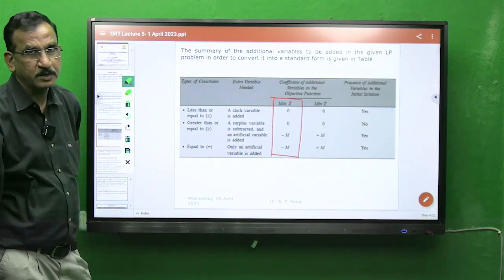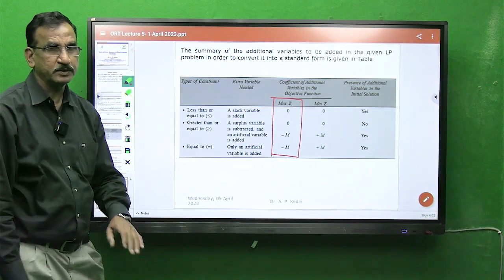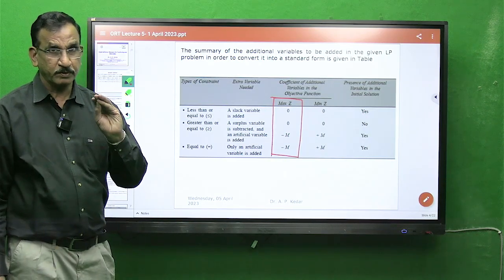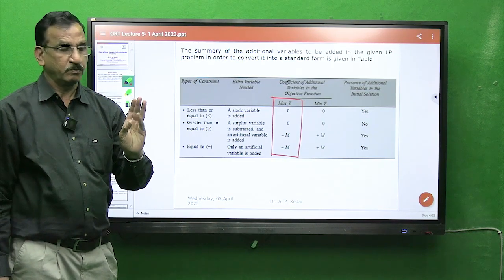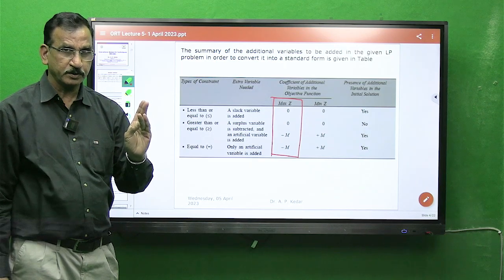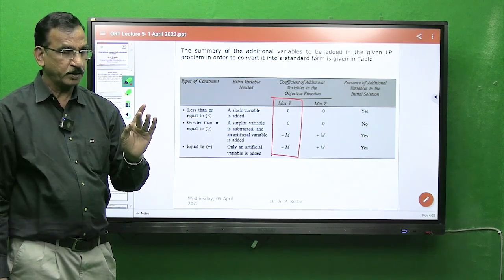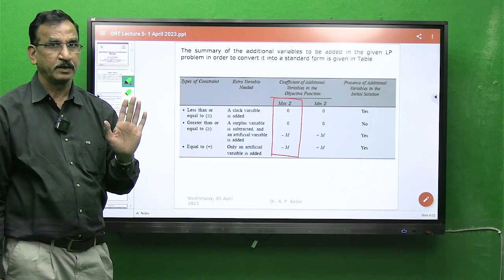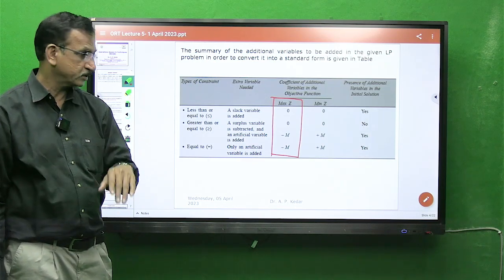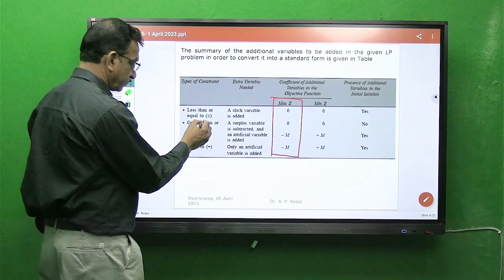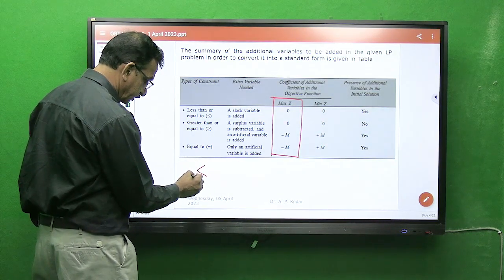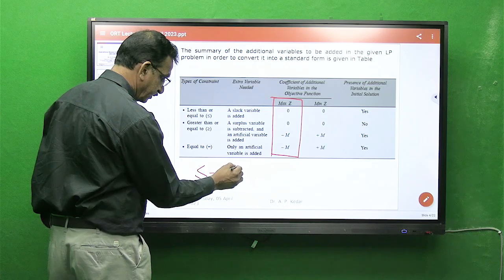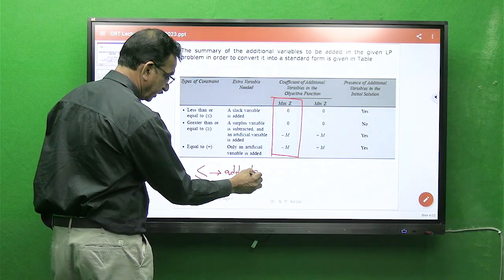In previous slides and previous discussion we have seen when you are adding a slack variable, when you are adding an artificial variable, when you are subtracting a surplus variable and adding an artificial variable, three cases. For less than or equal to, we have discussed add slack in the last slide.